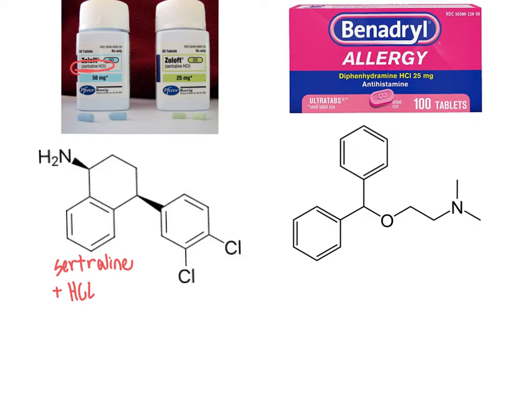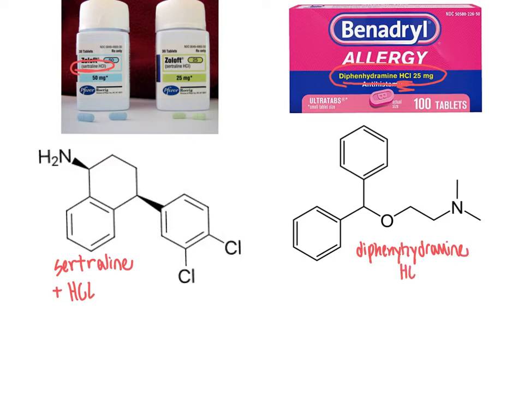Likewise, with Benadryl, we see the packaging says that it is diphenhydramine HCl, indicating again to us that the drug diphenhydramine, which is shown here, has been reacted with HCl.